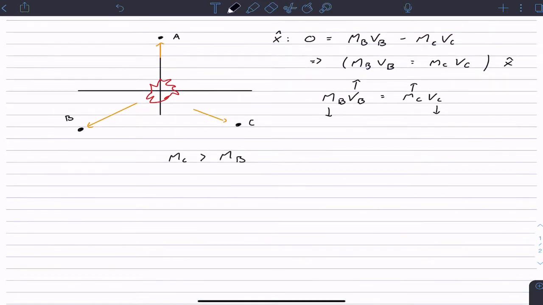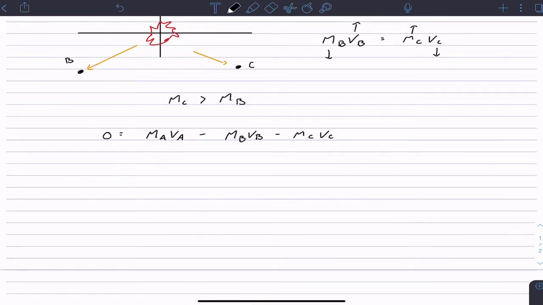Okay? And then using the same logic, we could draw this out again in the y direction. We have 0 for initial, and then we have momentum for the particle A, and then it's going downwards, right? So those are negative MBVB. I mean, this is a lot less clear, but I'd say that means that MAVA is equal to MBVB plus MCVC.